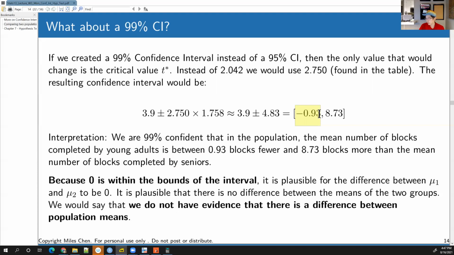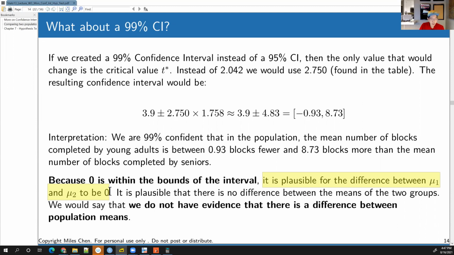Which means 0 is a plausible value for the difference between mu1 and mu2, okay? The difference between mu1 and mu2 could be 0, meaning that it's plausible to say that there's no difference between the means of the two groups. Again, this is if we want to be 99% confident, right?